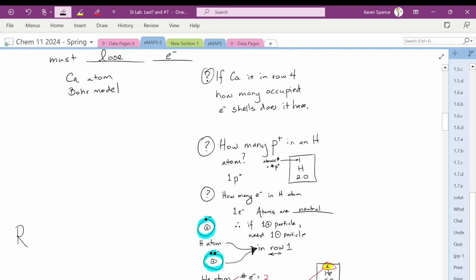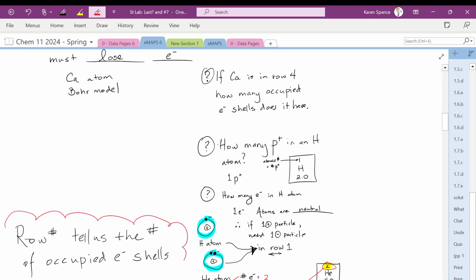So the row number tells us the number of occupied electron shells. So if calcium is in row 4, how many occupied electron shells does it have?